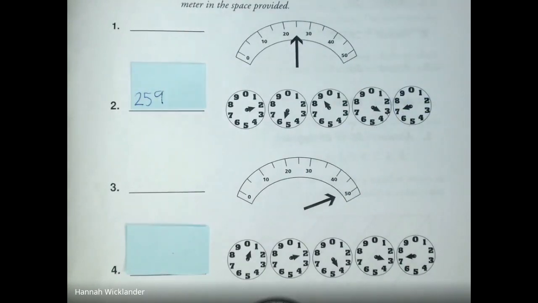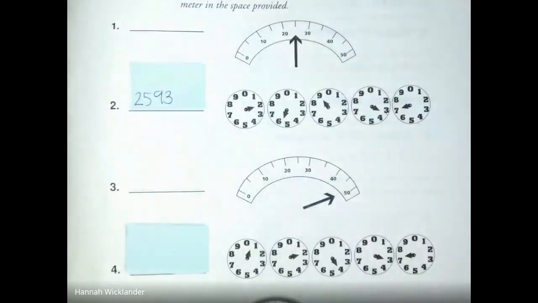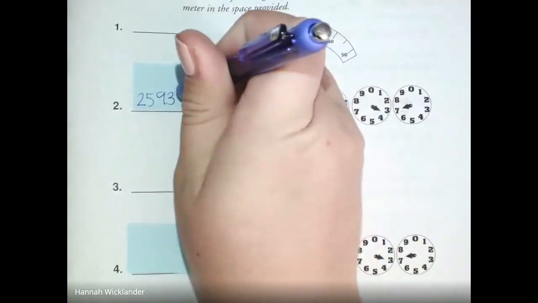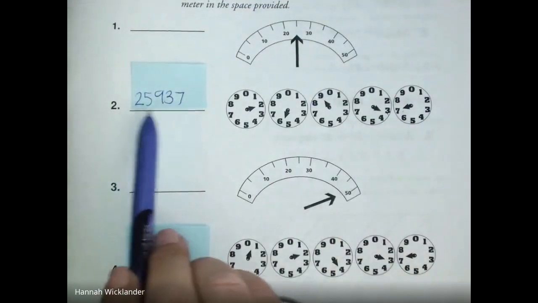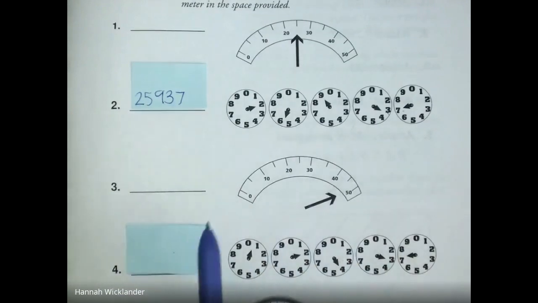So what will I write for that? 3. And then my last one is pointed straight at the 7, so I'm just going to write 7. So make sure you put your answer in right just as a 5-digit number, just like this. And then if you need help on any of the other ones, let me know.